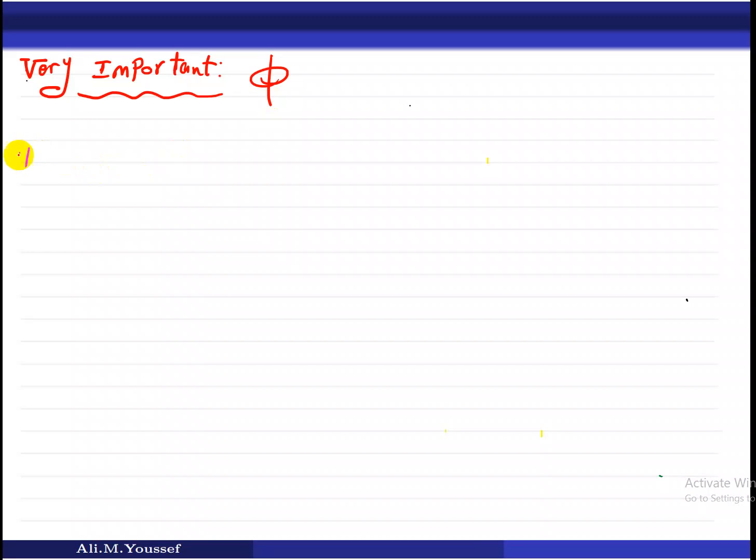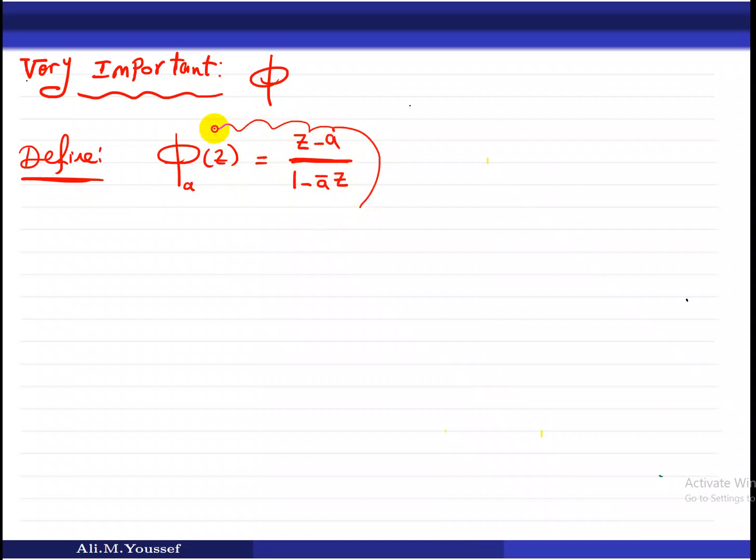So here we define this map, very important, phi_a(z). We define this map as equal to (z minus a) over (1 minus a conjugate z). What are the properties of this map? We can say that this is an automorphism from D to D. Automorphism means that there is a bijection from the unit disk to the unit disk.